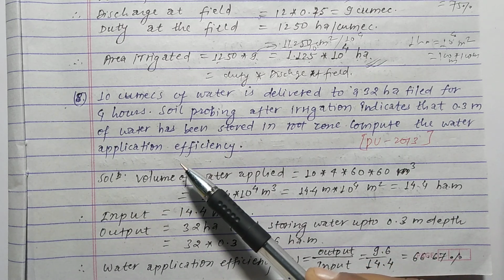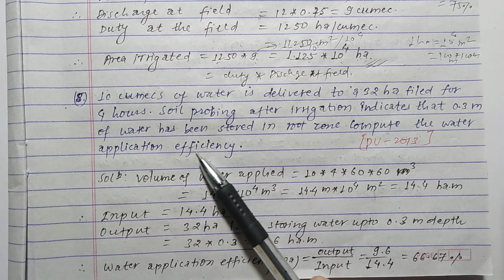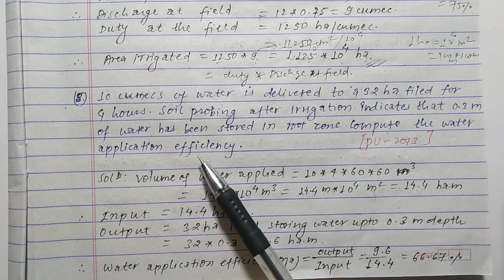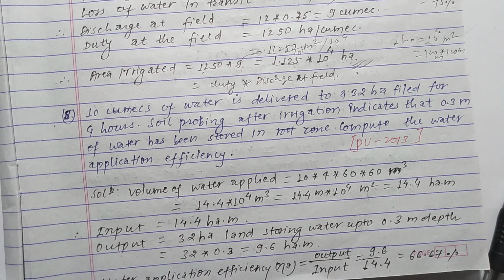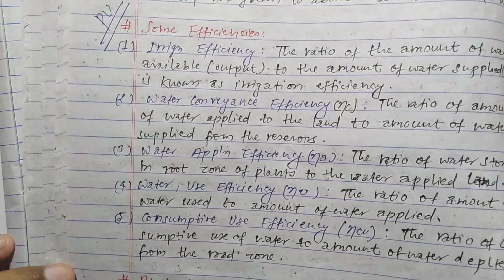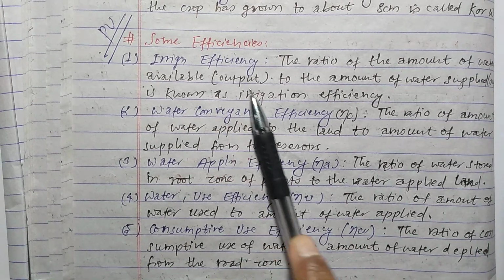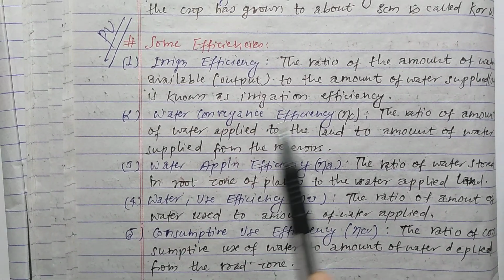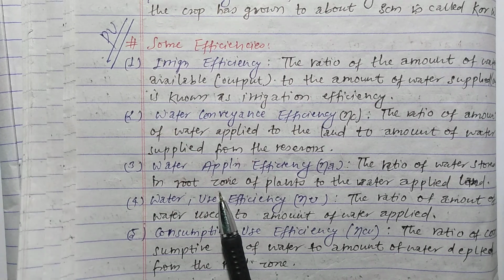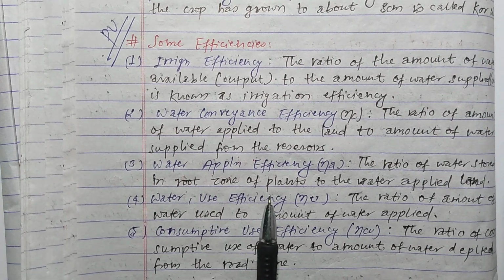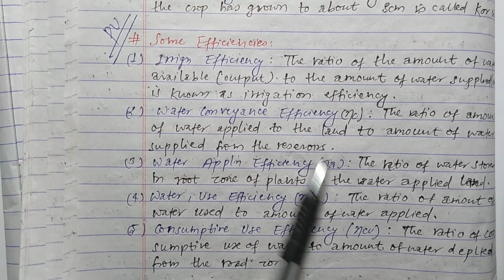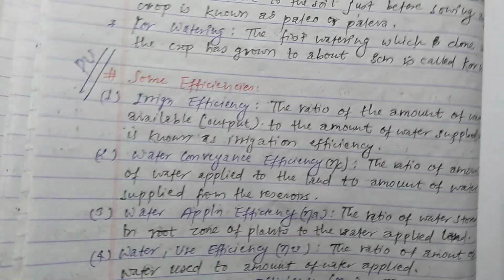And we have already studied about the water application efficiency. I can show you here all types of efficiency. The irrigation efficiency we have already studied in the theory part, so if you have not seen the theory part, then you have to see it first.